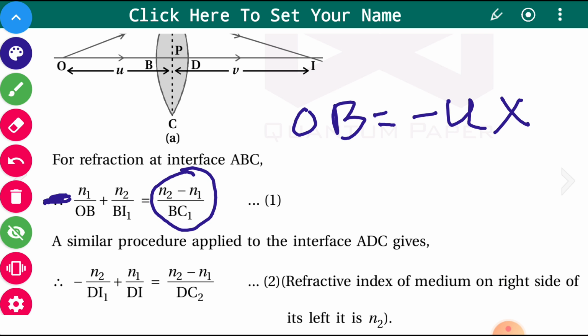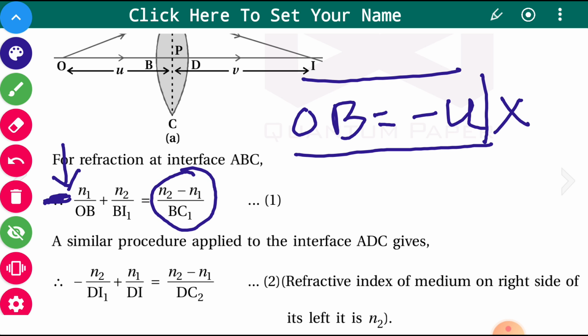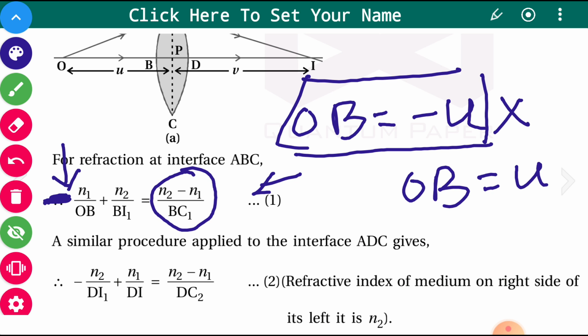If you are not putting minus in the beginning, then whenever you put OB, you have to take it as negative u, because sign conventions were already taken when this equation was derived. Right now we place the minus, so at the time of placing OB as u, we will not put OB equal to minus u, we will directly take OB equal to u.